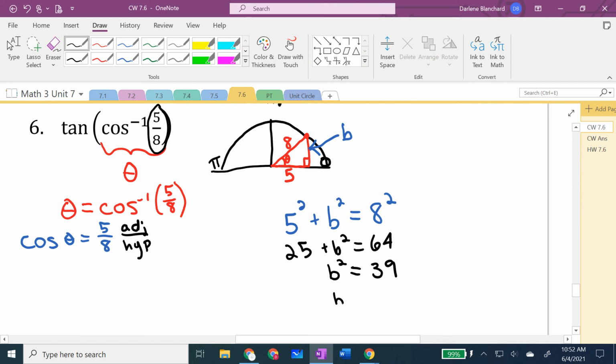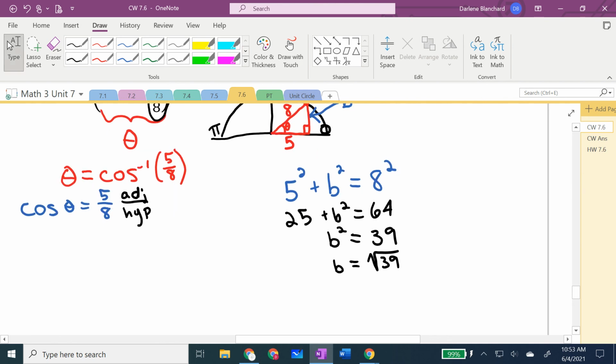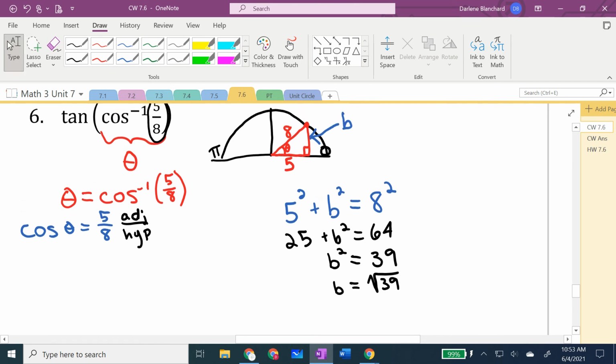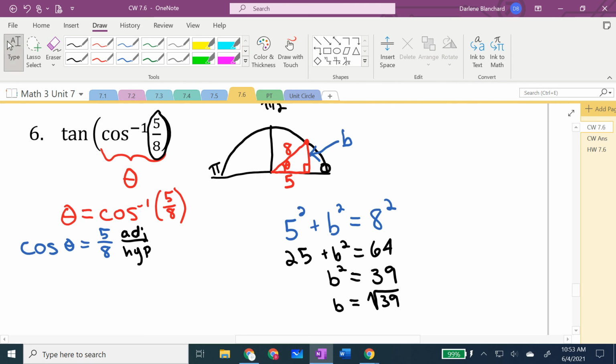And so this gives me that b is equal to the square root of 39. And square root of 39 can't be simplified. It's 3 times 13, so I can't pull any perfect squares out of it. I'm going to put down that the length of this side is the square root of 39.